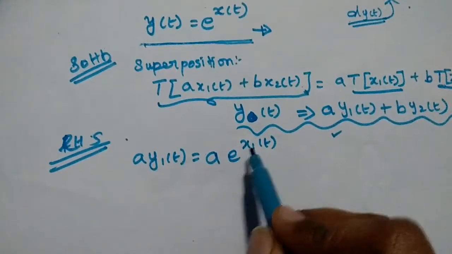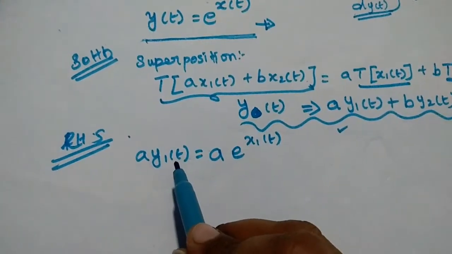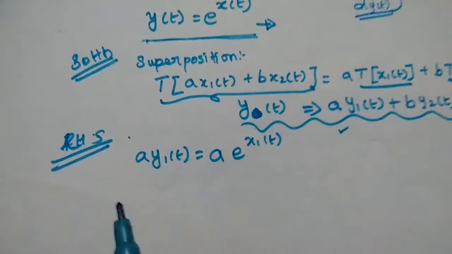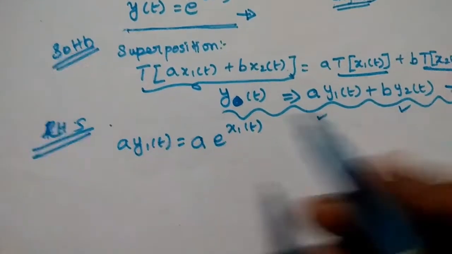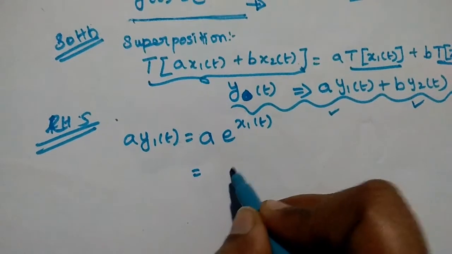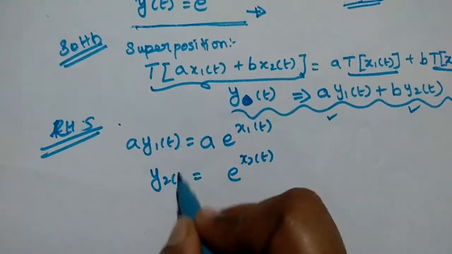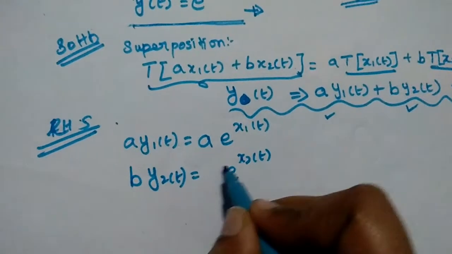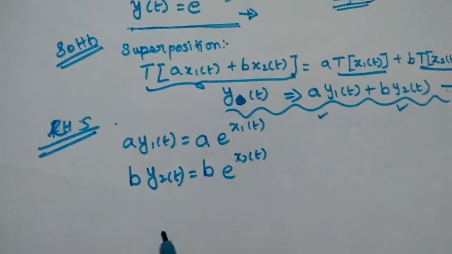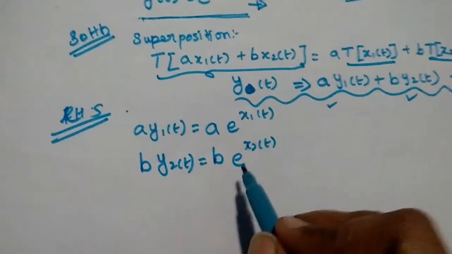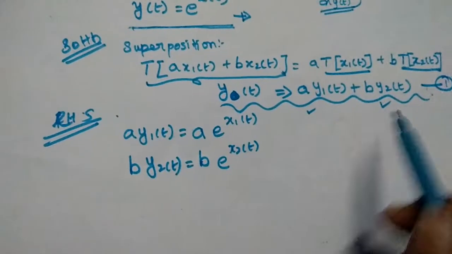So take the right hand side. For x1 of t, the output is y1 of t, we know that. That is multiplied by a. Then what about this b? For input x2 of t, the output is y2 of t. That is multiplied by b. Correct? So this is the right hand side.